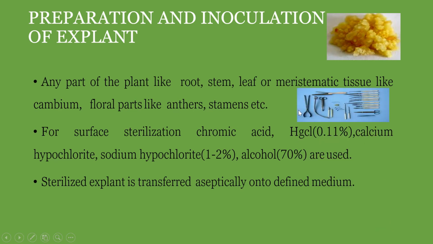So how to prepare the explant? By using different tools like scissors, scalpel, and knife, explants of about 1 centimeter or 1.5 centimeters are prepared. Once the explant is prepared, it is sterilized with different chemicals like chromic acid, mercuric chloride, calcium hypochlorite, sodium hypochlorite, and then alcohol.